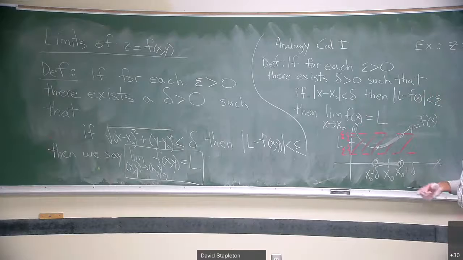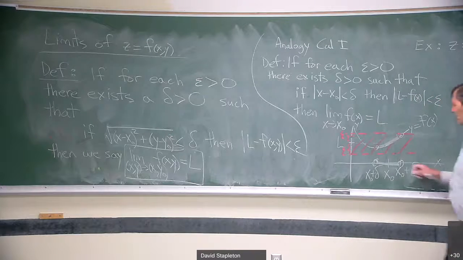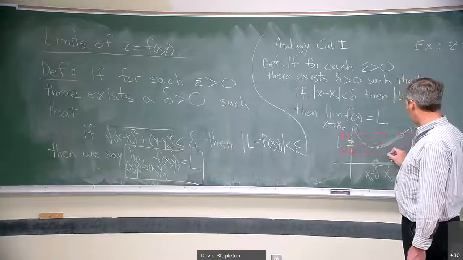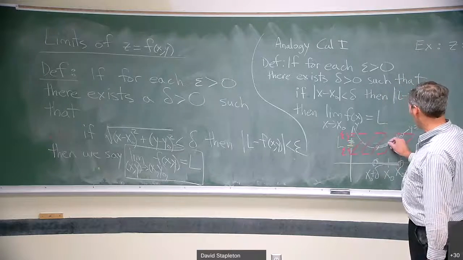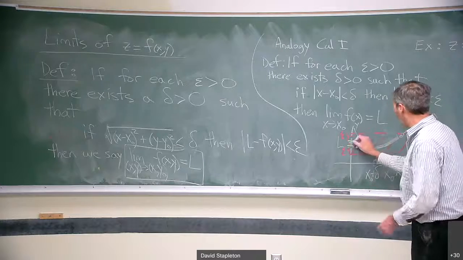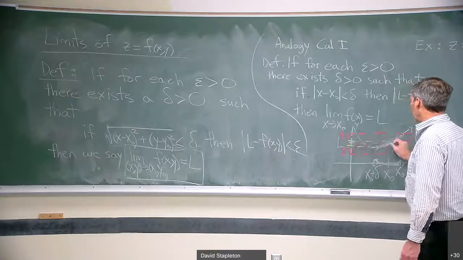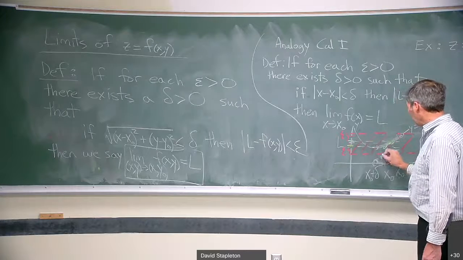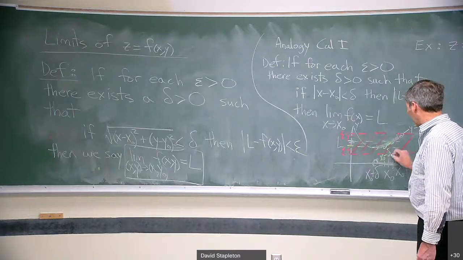You say, well, that was too easy. I made epsilon too big. I'm going to pick a smaller one. Now you pick epsilon down here. Now squeeze it in there. Well, now it's a band only this wide, but I can still do it. I just pick this little piece of the function, and that corresponds to x0 minus delta here and x0 plus delta here.